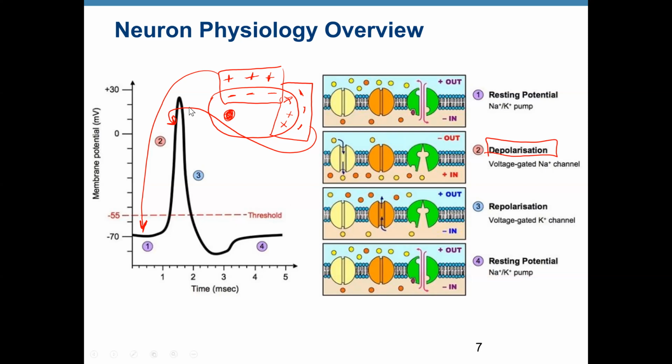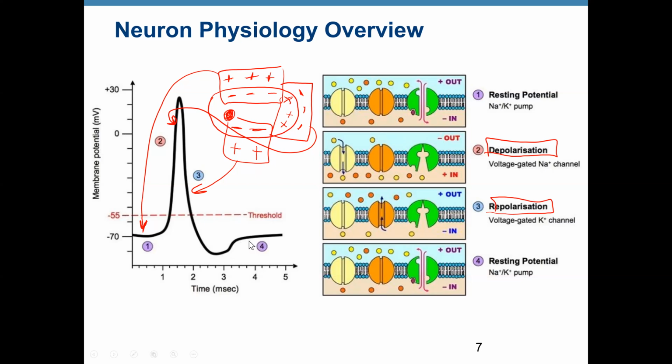Now over here, look what's going on. We're going back to negative. So here again, negative inside, positive outside. We're back to the polar state. So this is going to be repolarization. Here's the name: this is repolarization, number 3.